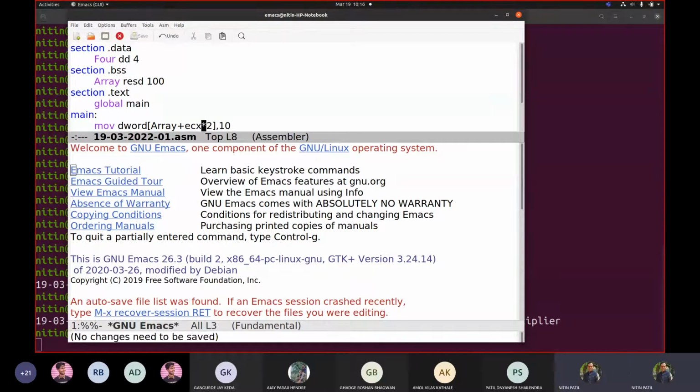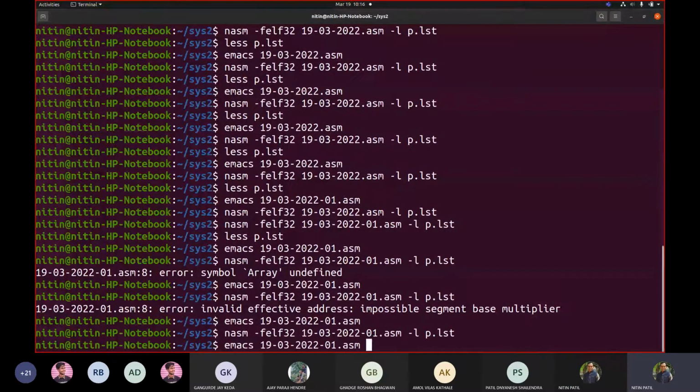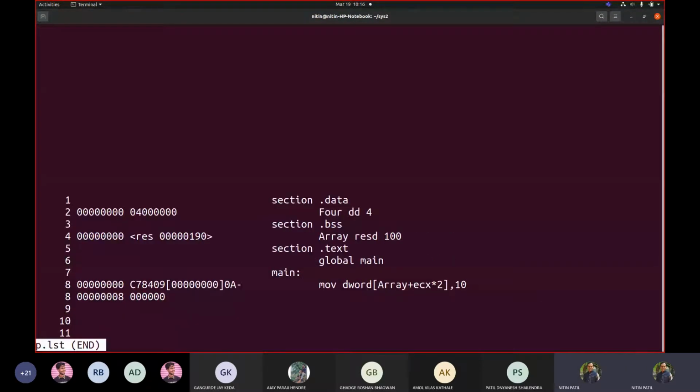E6 multiplied by 2. Now when it worked, let me see the LST. Whenever we are using any reference which is defined in either a data or BSS section, you will see that address would be written here along with this 09.